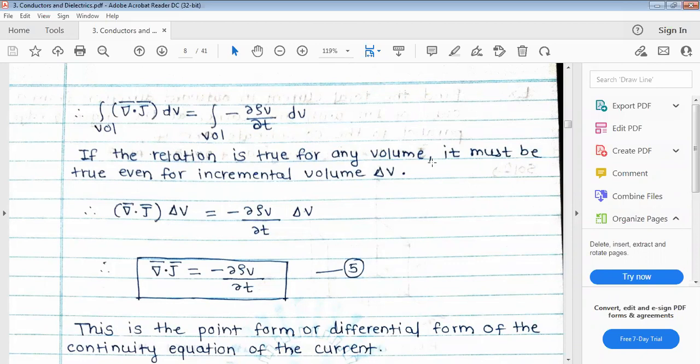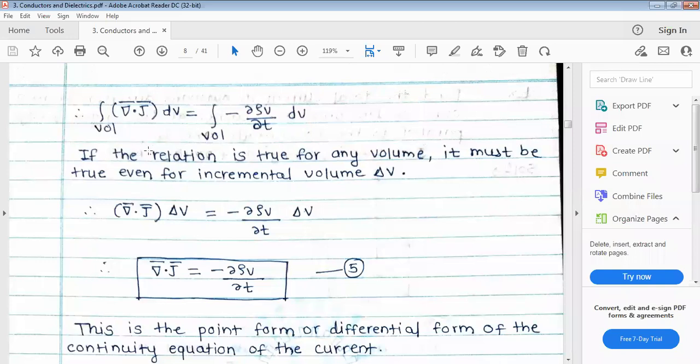These two sides are volume integrals. So if we remove this volume integral, if both sides are volume integrals, or if the left side is a surface integral and the right side is also a surface integral, then also you can remove that.